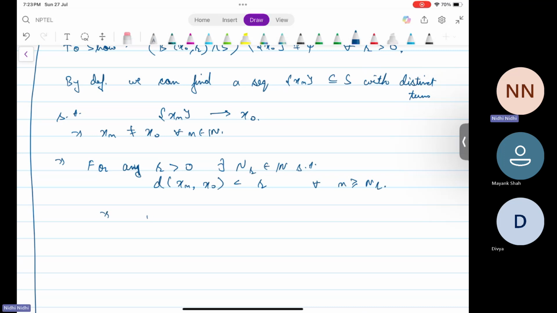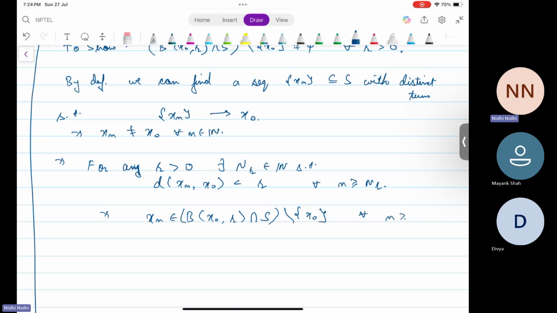This implies xn belongs to the ball around x naught with radius R, and since xn is an element in S, I can take its intersection with S. Moreover, since xn is never equal to x naught, I can remove the singleton set x naught.